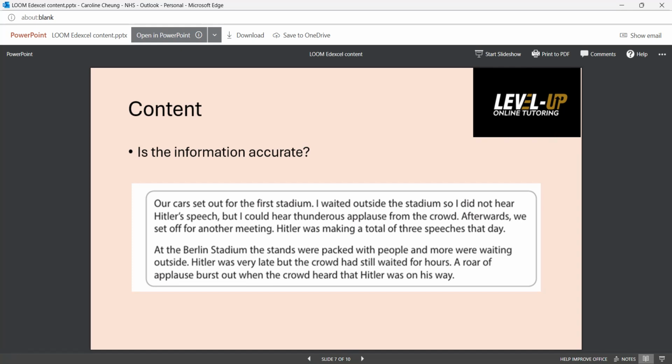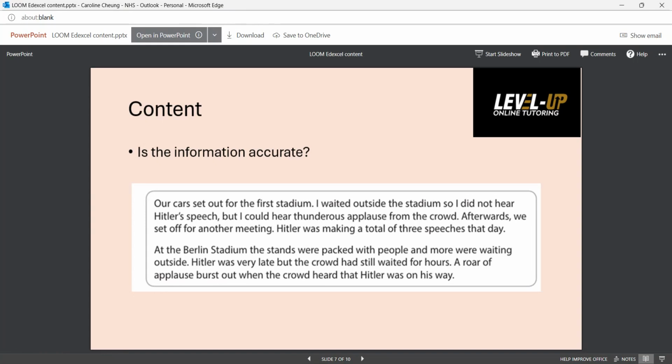So it has to be specific facts that you put in to show the examiner that you knew about this before you read the source. So before you saw the exam, you already knew that Hitler's speeches were popular. So maybe I'd say about how in the very early days, the Nazi Party is very small, but it grows due to Hitler's speeches.